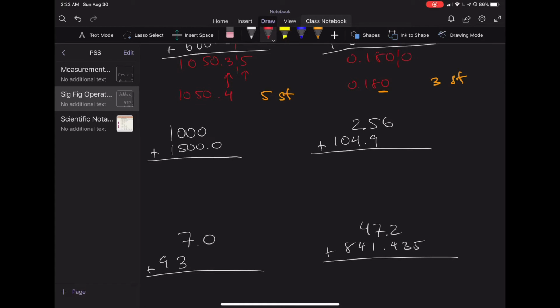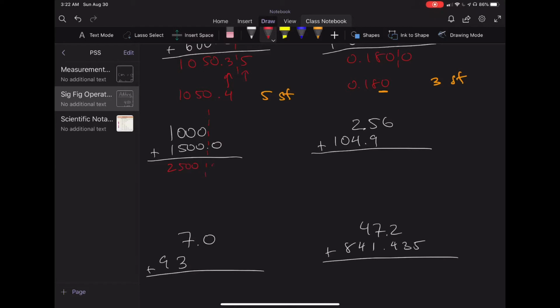Next, we have 1,000 with no decimal, just 1,000 plus 1,500.0. So we're going to draw our dotted line like this. So 1,000 on our calculator plus 1500.0, we get 2,500.